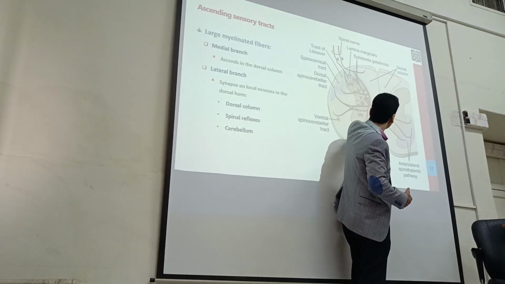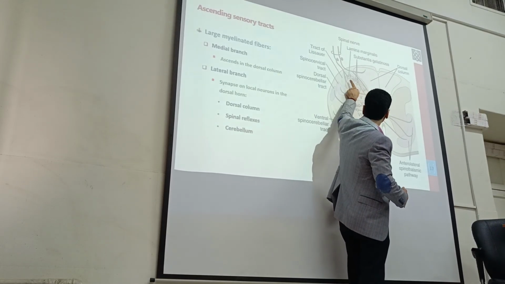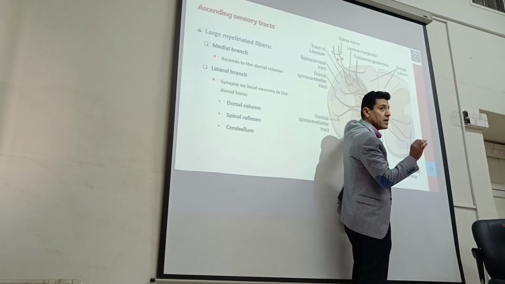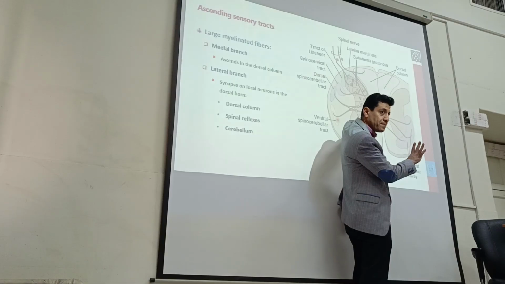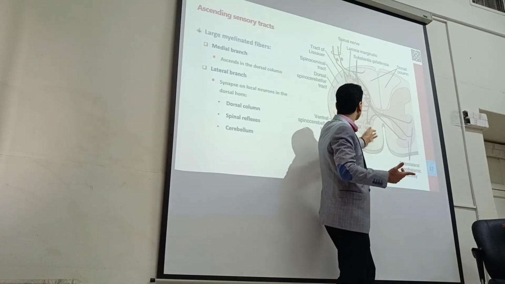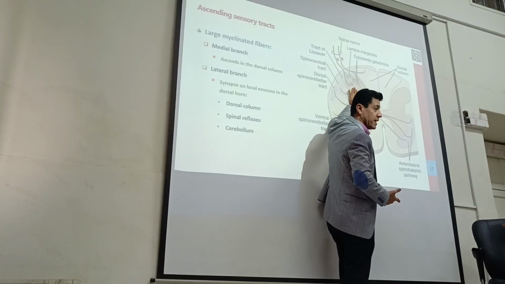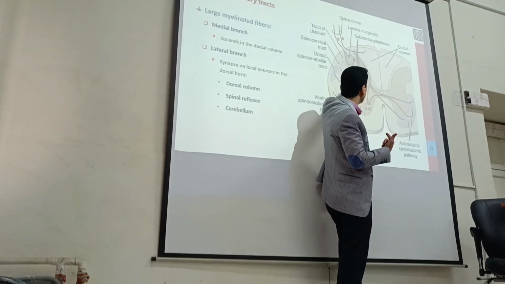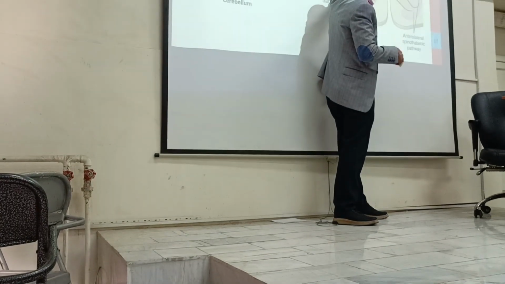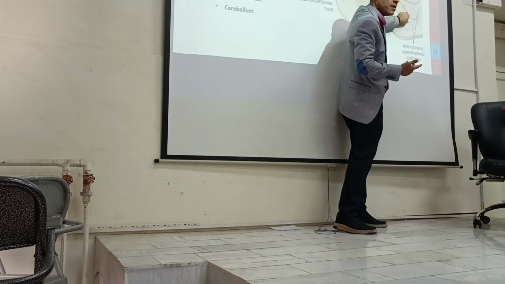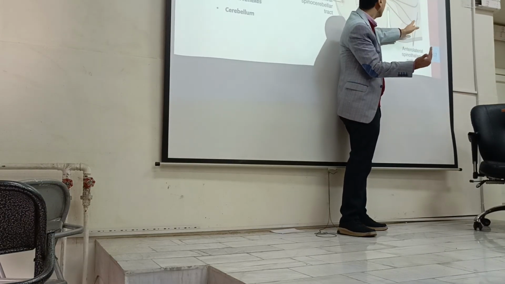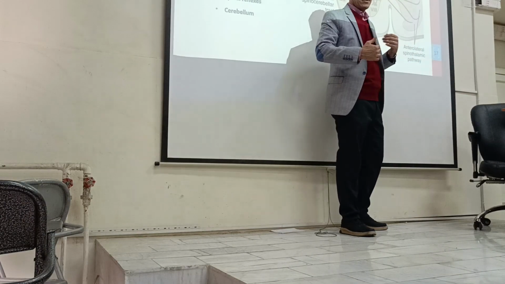So we have 2 dorsal columns, and A beta fibers from each side enter the dorsal column on the same side, and they go up. But the anterolateral system is different. Fibers come to this part of the spinal cord and make synapses with other neurons. And these neurons go to the opposite side and enter the anterolateral system on the opposite side. And then from here, they go up to the brain.